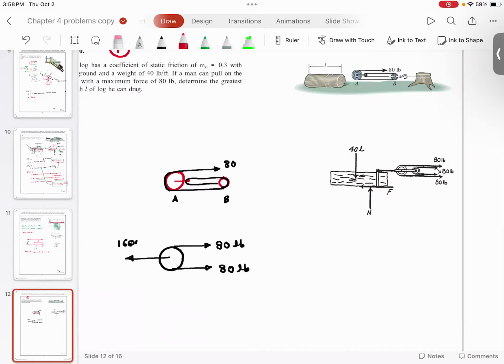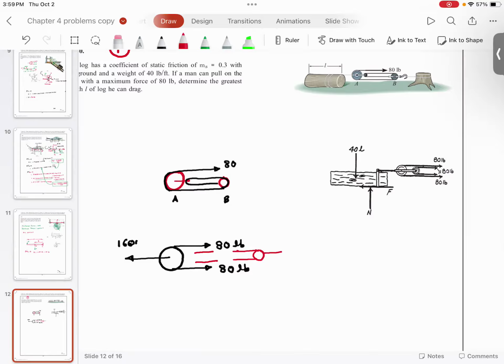Then if you look at this pulley here, you are going to have pulley like this.